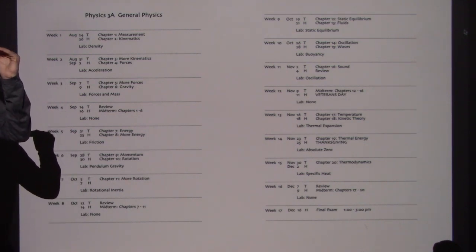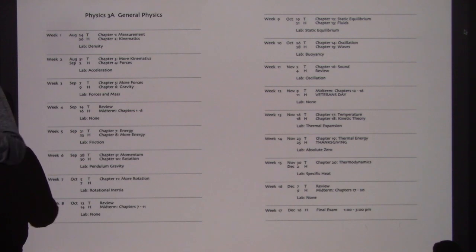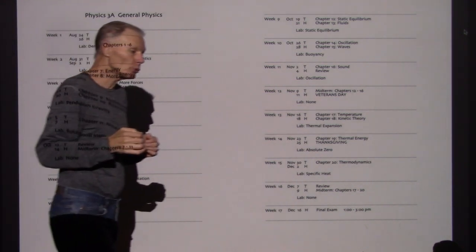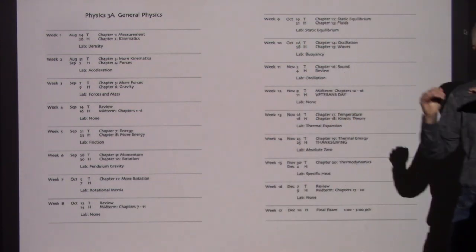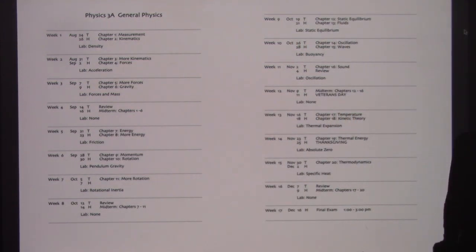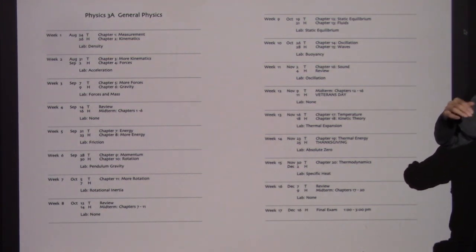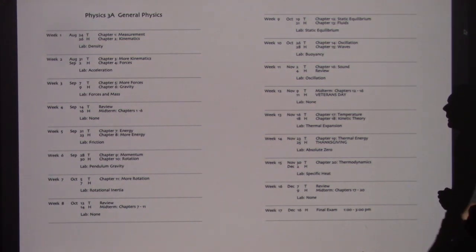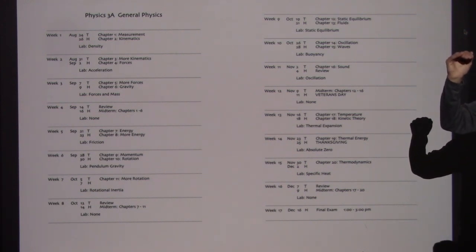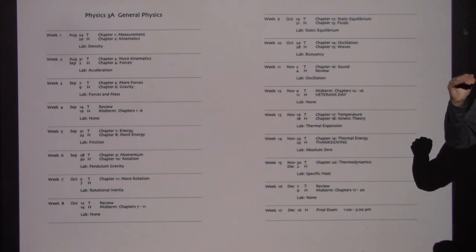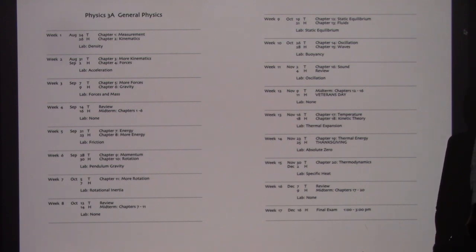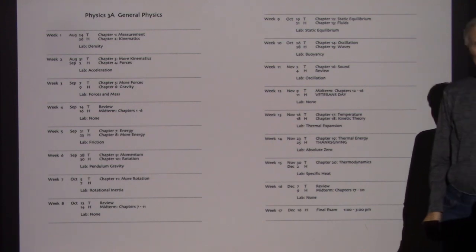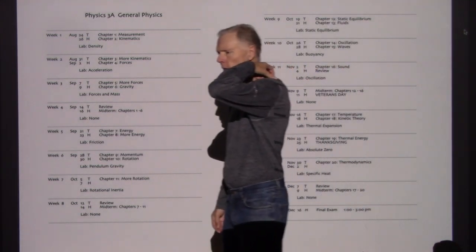If you scroll down farther in Canvas, you'll see all of the lectures, and those are organized by chapter and by topic. If you continue scrolling all the way down, you'll see the midterms and finals scheduled, and then at the very bottom, the lab activities listed for the semester.